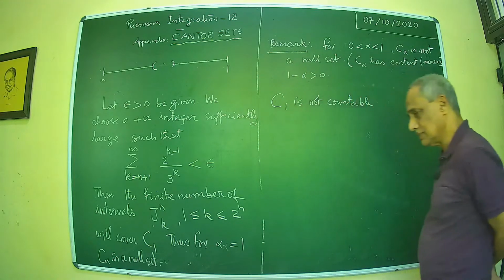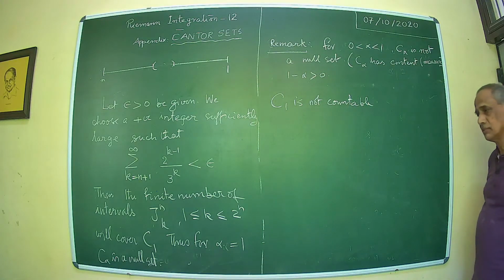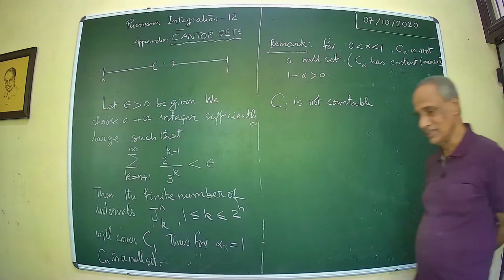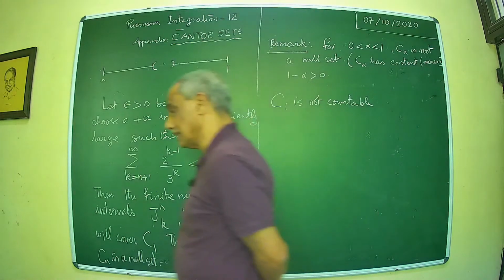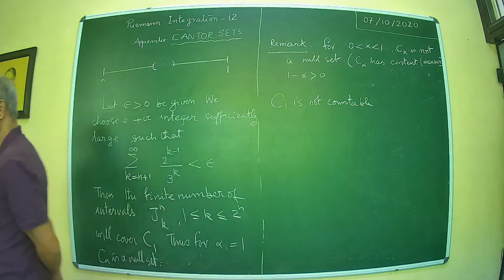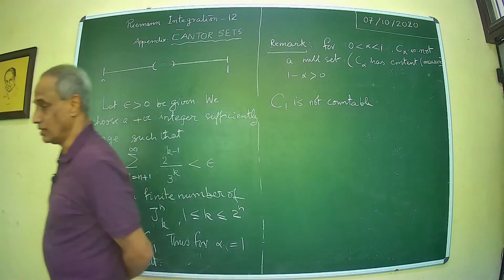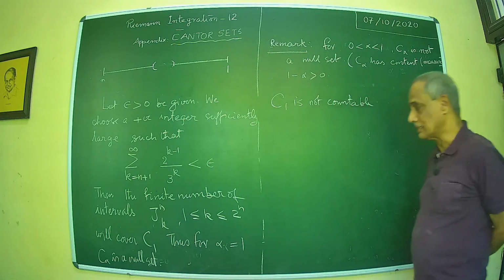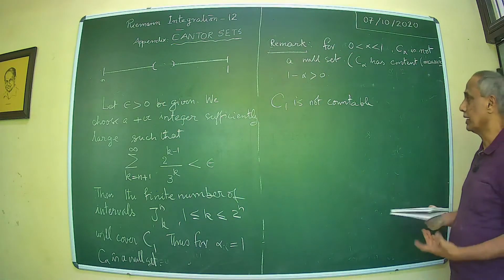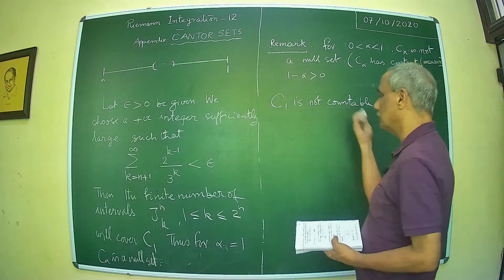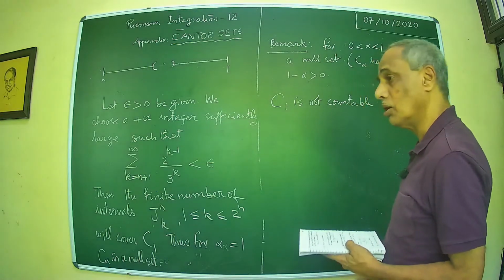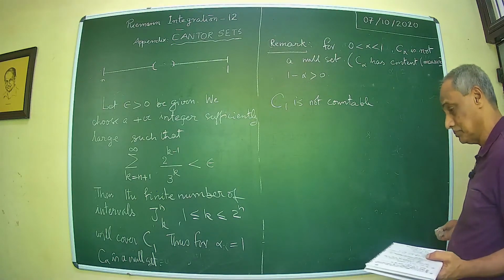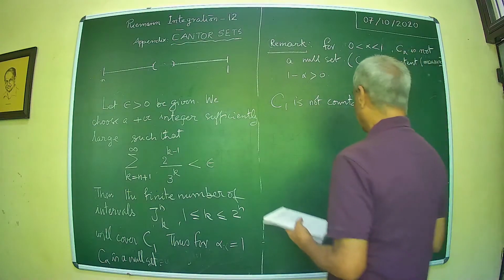So this is an example where even uncountable sets may be null sets, because we have earlier proved that all countable subsets are null sets. So here is an example where an uncountable set could also be a null set.